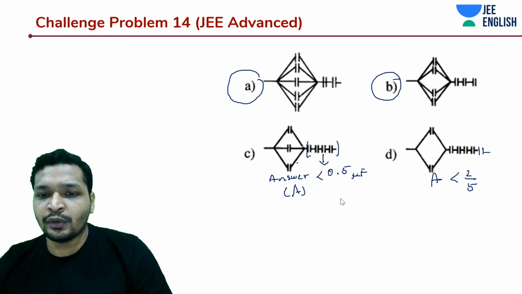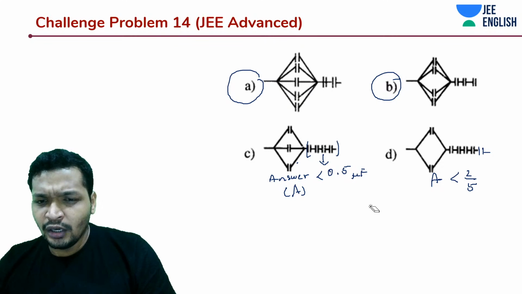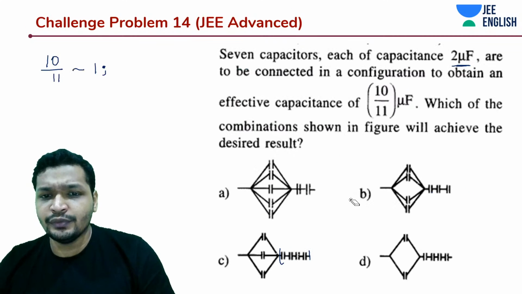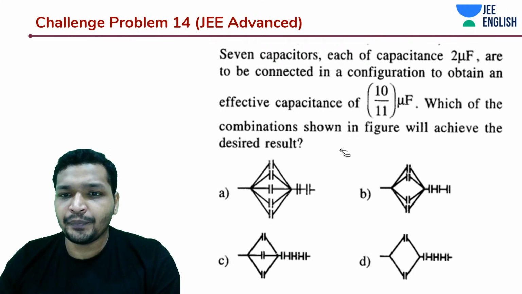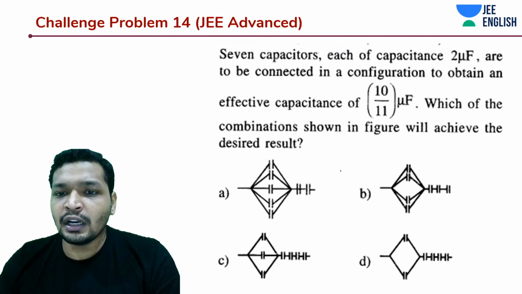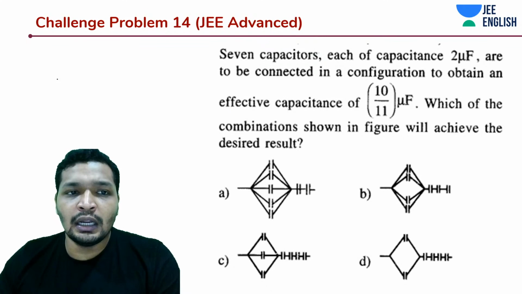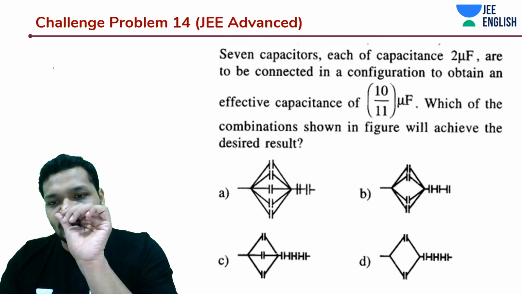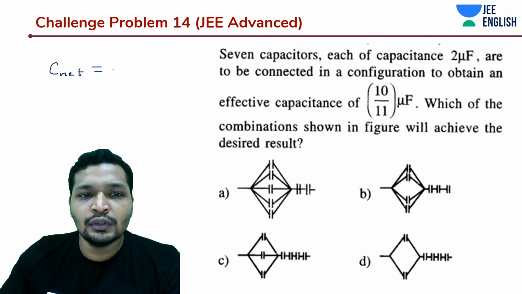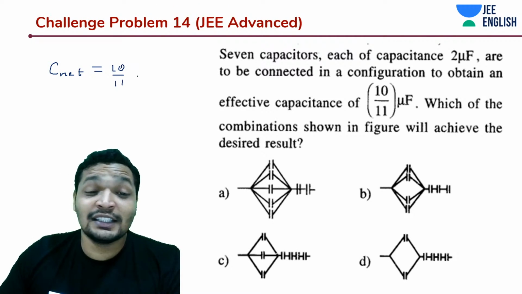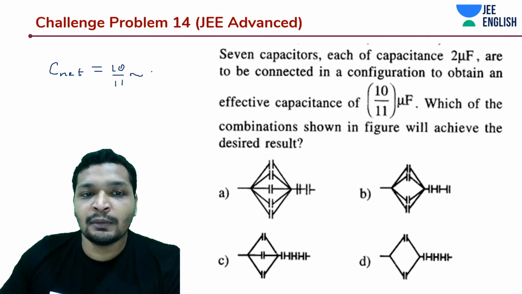So what I'm trying to state over here is, notice the value. The value is near about 1. Near about 1 means it's literally not more than 1, it's literally not less than 1. The C net is less than 1, but it is near about 1.